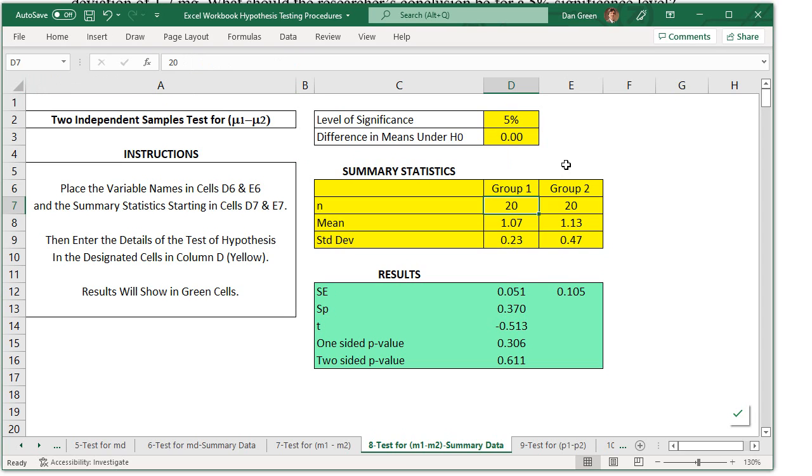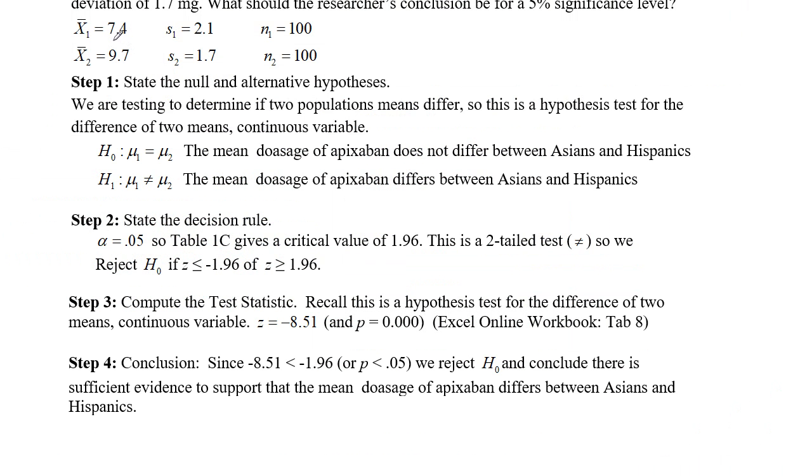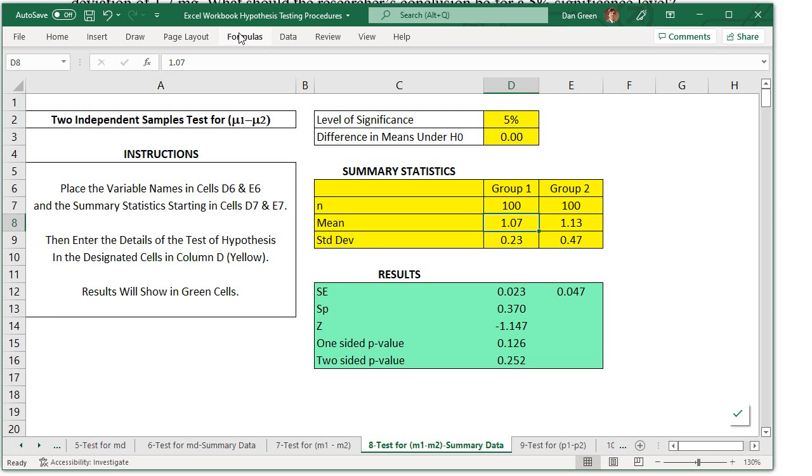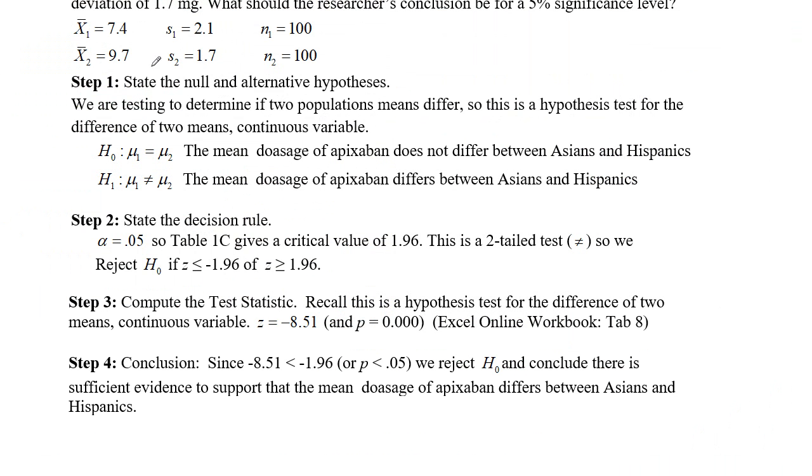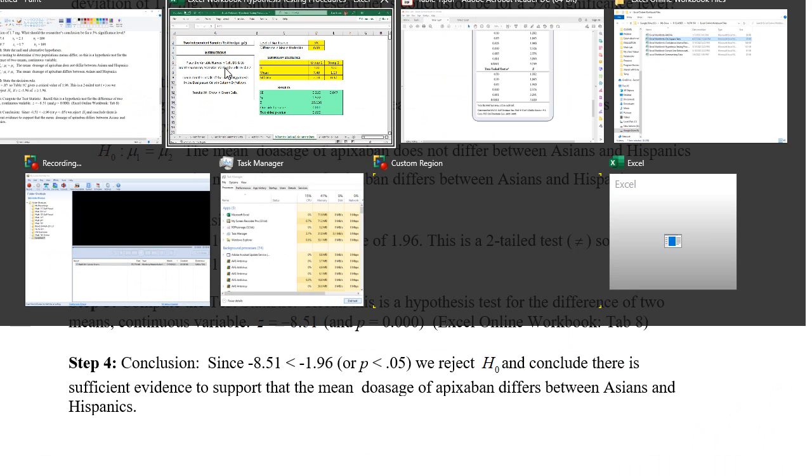Our 2 sample sizes here were 100. And then our first mean and standard deviation were 7.4, 2.1. And then our second mean and standard deviation, 9.7, 1.7.